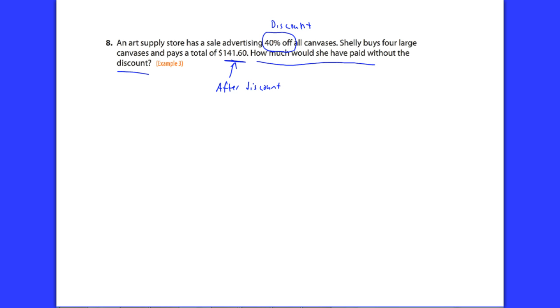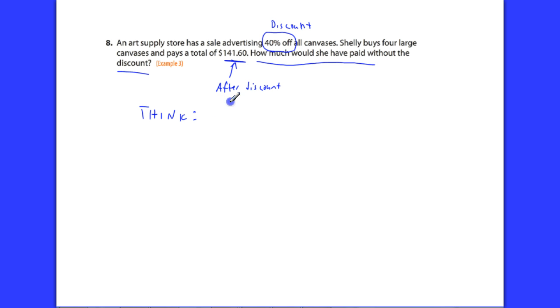So here's how you have to think about this. If you're getting 40% off a number you don't know, you can think of it like this. And this is where it's a little bit different. It's really the same thing happening, but it's going to seem different because we're trying to find the original price.